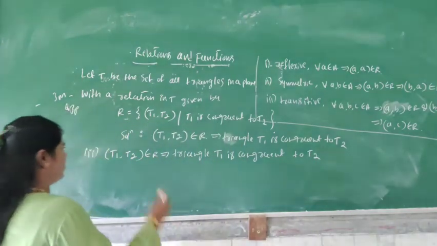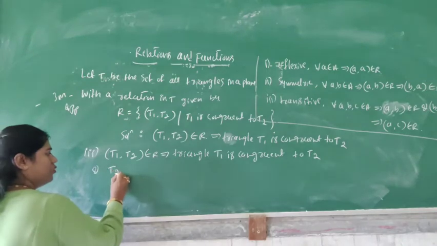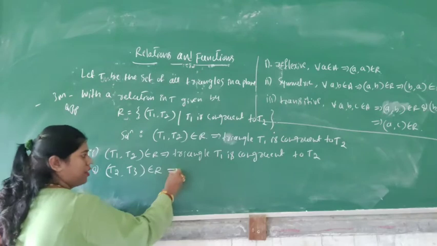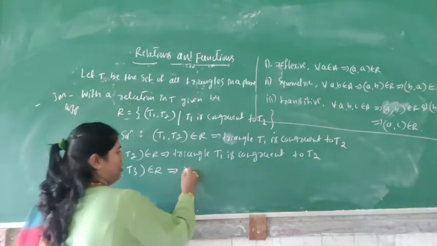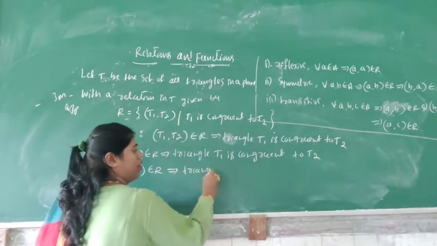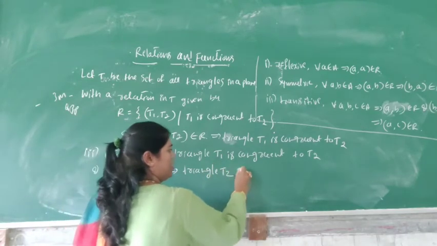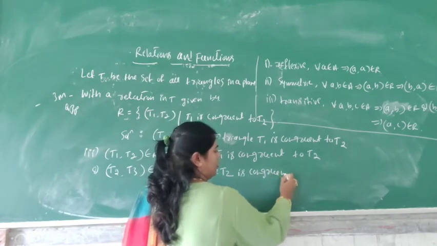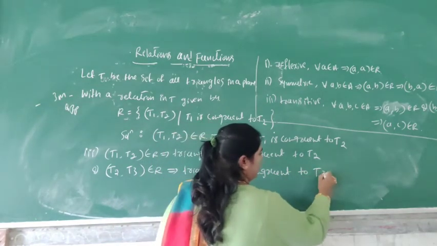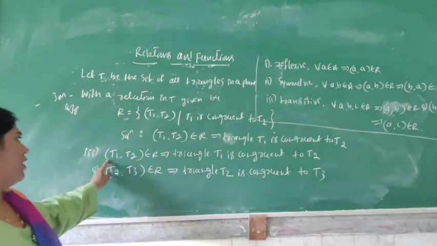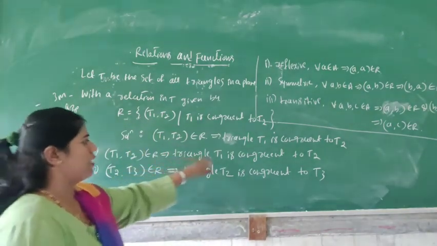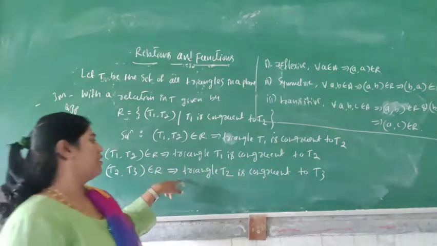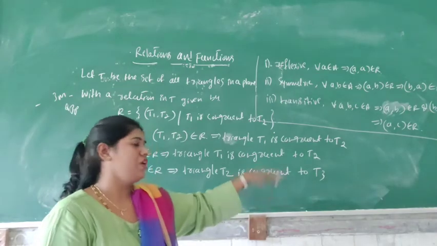And (T2, T3) also belongs to R, which implies triangle T2 is congruent to T3. If (T1, T2) belongs to R, triangle T1 is congruent to T2, and if (T2, T3) belongs to R, triangle T2 is congruent to T3.